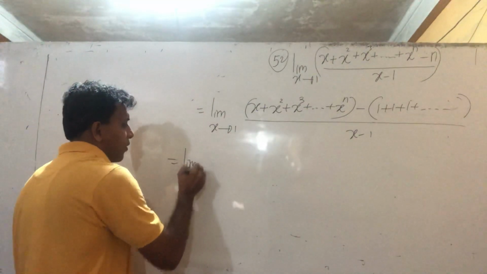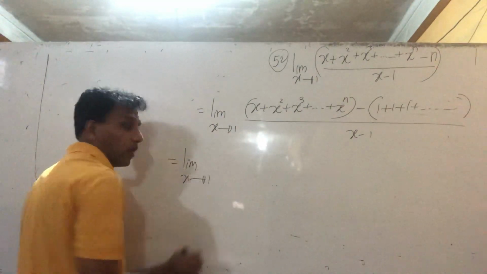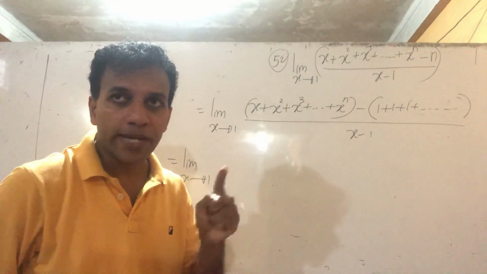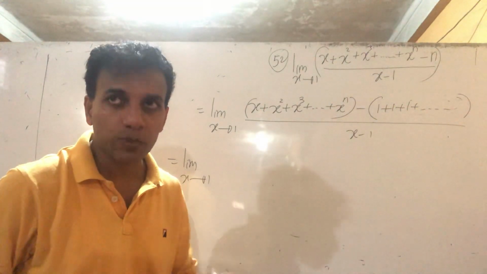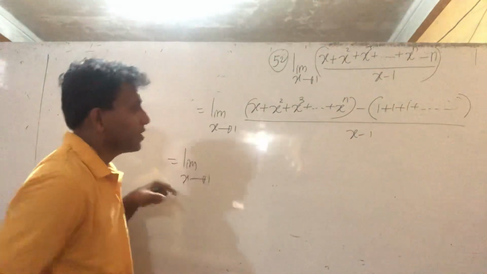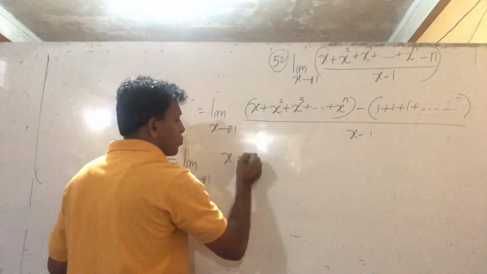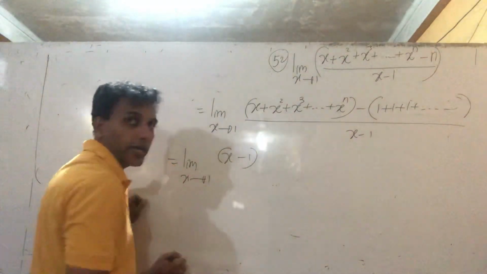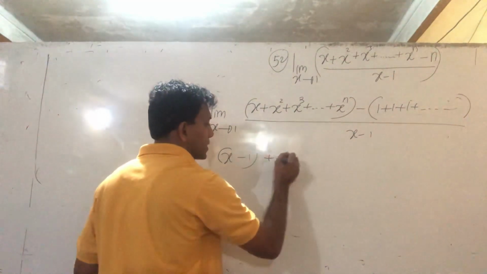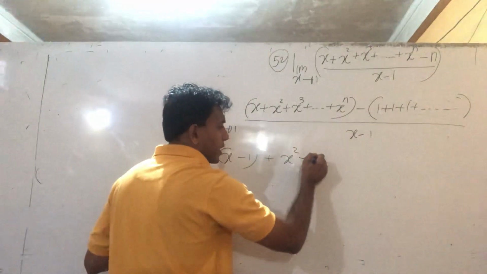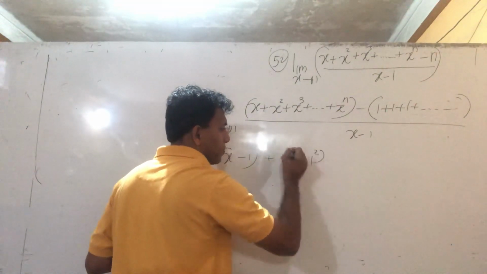Now we pair it. Now we rearrange to our limit theory. What is the algebraic limit theory? x to the power n minus a to the power n over x minus a. See, if I take the first one, x minus 1. Take the second, x square minus 1, can I write the 1 also as 1 square?